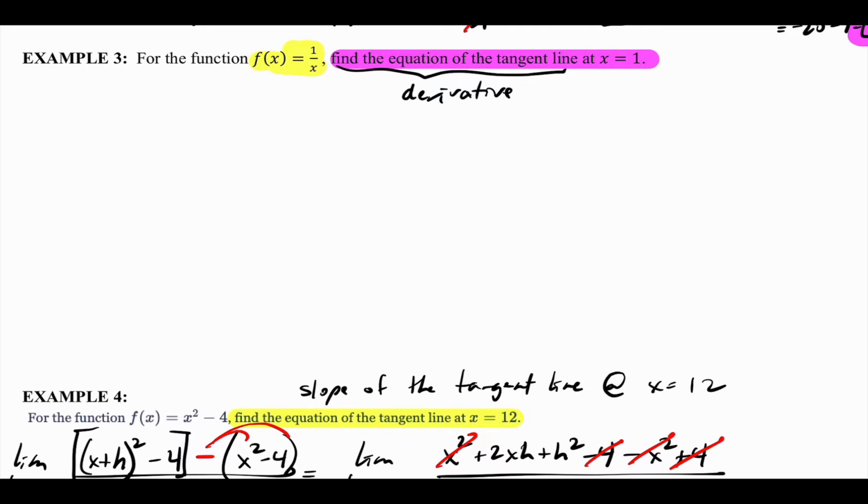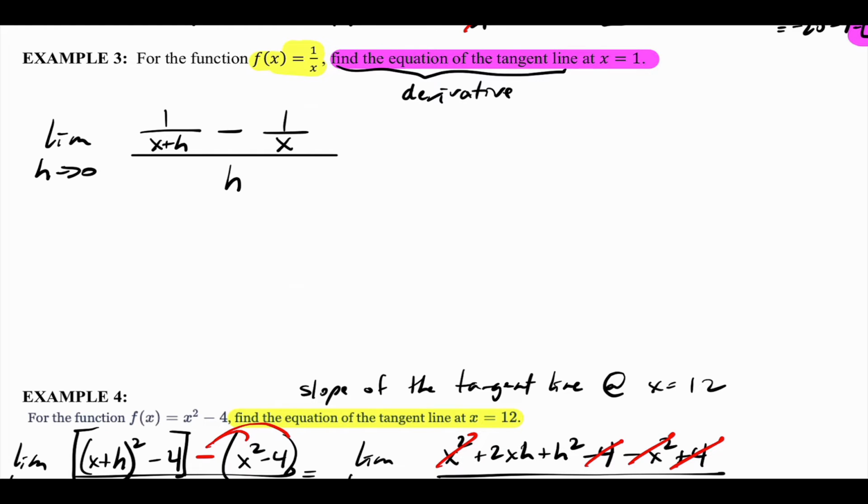Okay, so let's start writing it down. The limit as h approaches 0 of 1 over x plus h minus the original over h. Plug in 0, see what we get.